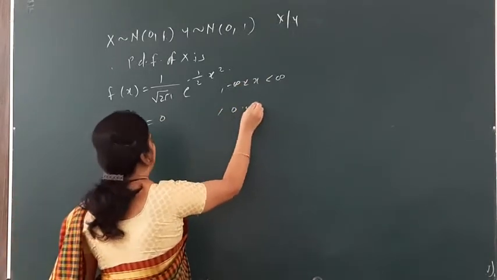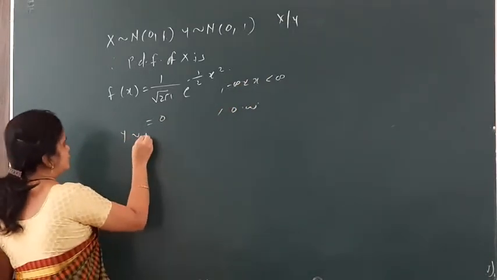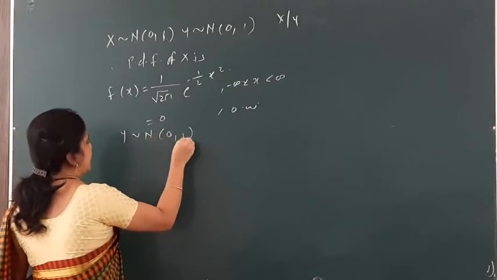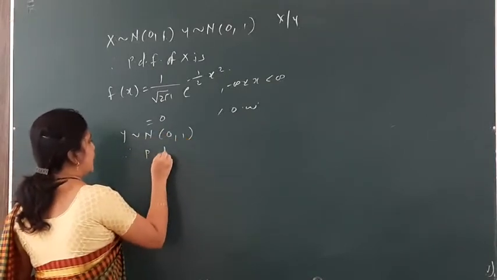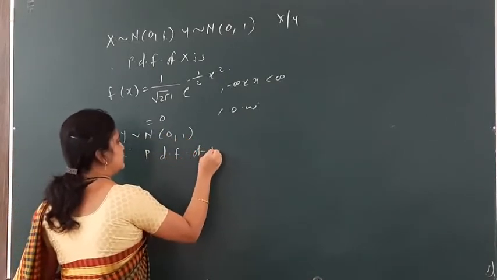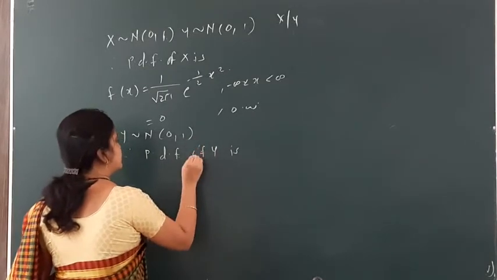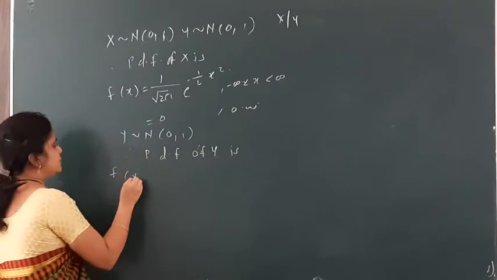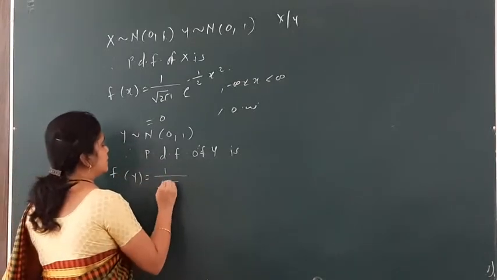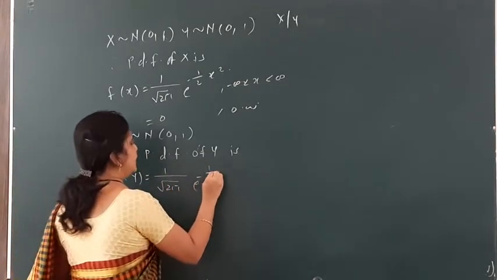So this is PDF of x. Now since y follows again normal 0 1, I can have the PDF of y as f of y, simply over here instead of x I need to write y.